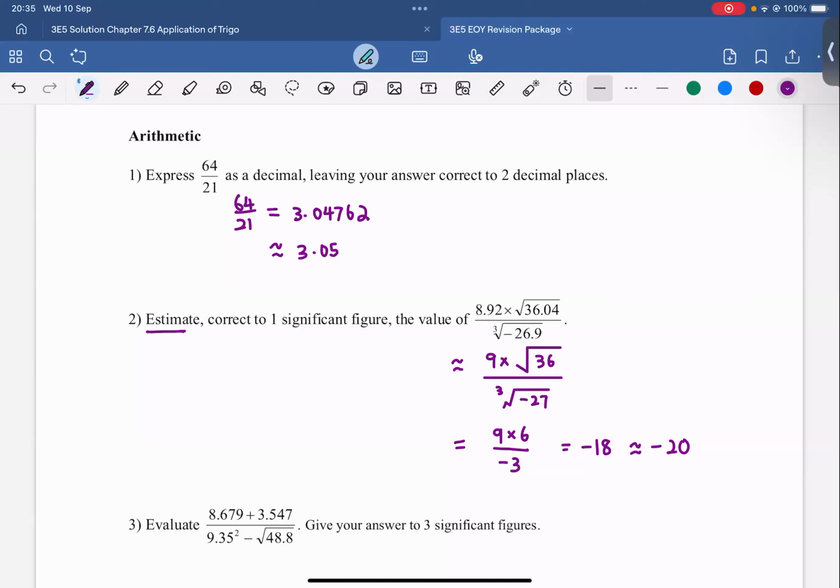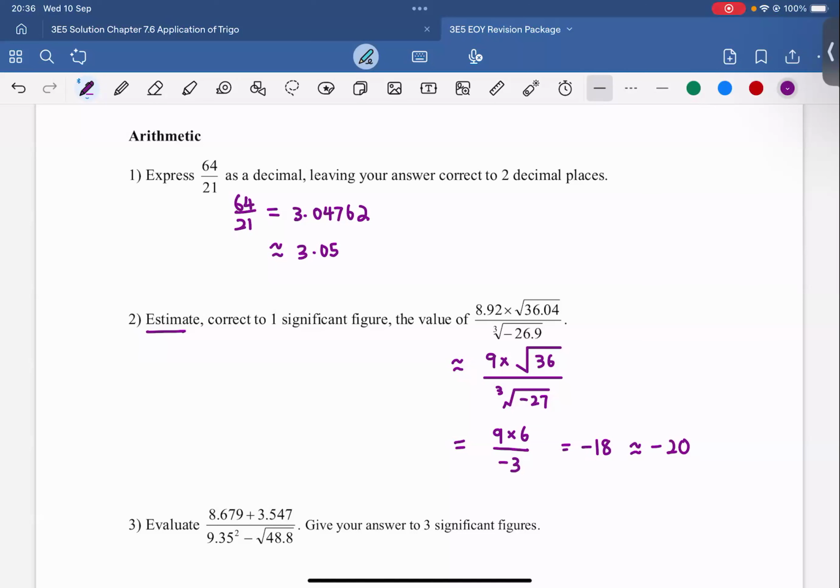So estimate, you have to change your square root and cube root to things that you can actually square root and cube root without a calculator. Estimate means without calculator actually. So you must change to numbers that you can deal with without a calculator. If you do square root 40, you can't do it without a calculator. Then that's not called an estimation already. That's called a calculation.